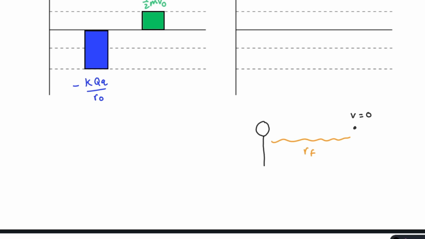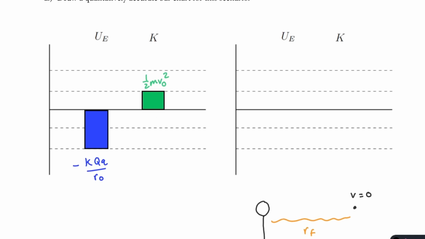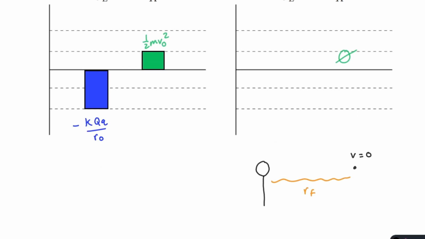So we actually know our kinetic energy is going to be 0 at this time, because I'm stopped. And then to make energy conservation work, we know that if my net energy for the system originally was 1 negative bar, I'm going to give myself 1 negative bar of potential energy to end with. And this is going to be negative kqQ over rf.